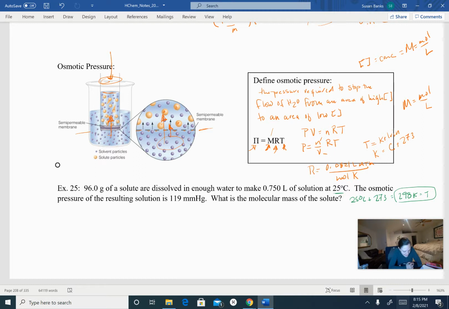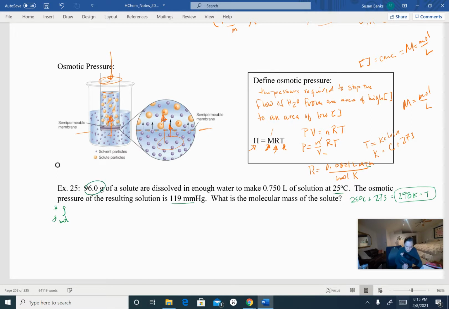Then we've got our pressure given to us in millimeters of mercury, and notice our gas law is in atmospheres. So we're going to have to convert our pressure from millimeters of mercury to atmospheres as well. To figure out molar mass, we need grams and we need number of moles.